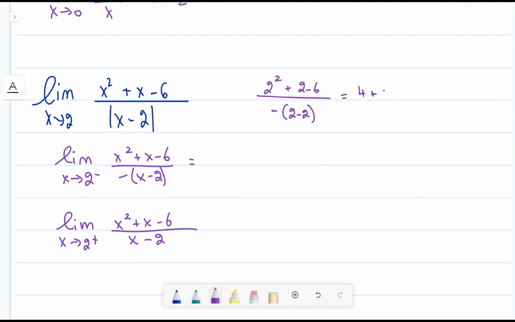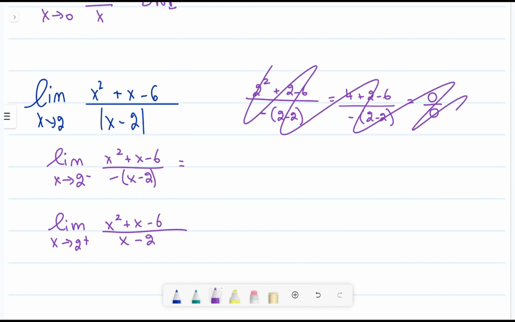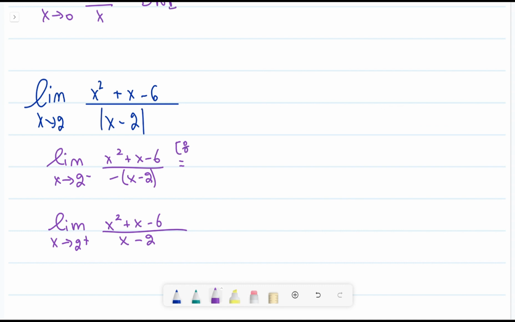So this is 4 plus 2 minus 6 over negative 2 minus 2. So 4 plus 2 is 6, minus 6. This gives us 0 over 0. You will get the same thing from both sides. So whenever you see 0 over 0, this should be a sign immediately that you should factor. You should try to simplify in some way.